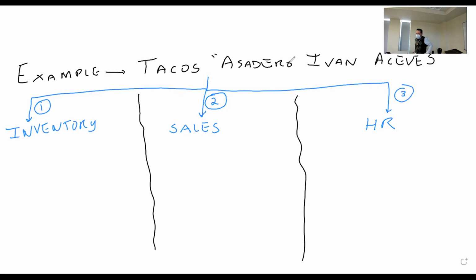It's going to be unique. So let's look at these three things. Okay, so inventory, we're talking about inventory. What would be entities that are important with regards to Tacos Asadero Iván Aceves that have to do with the inventory? Okay, well, I'm going to start it off just to help you guys out.